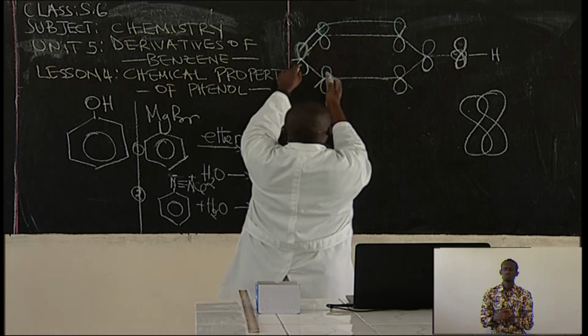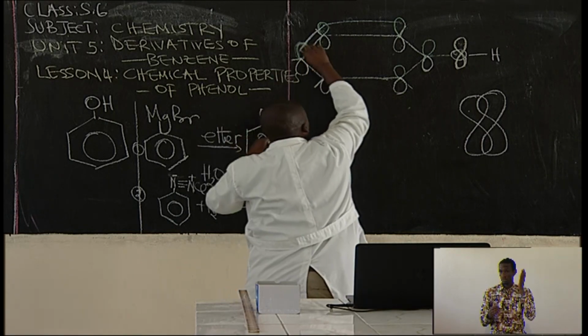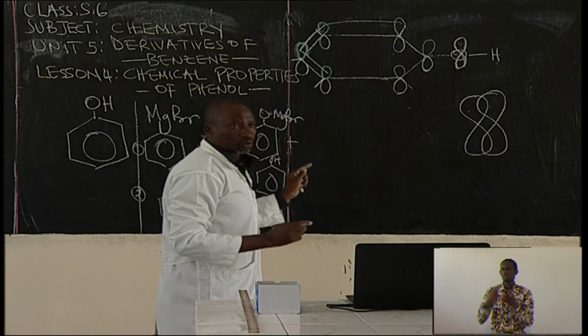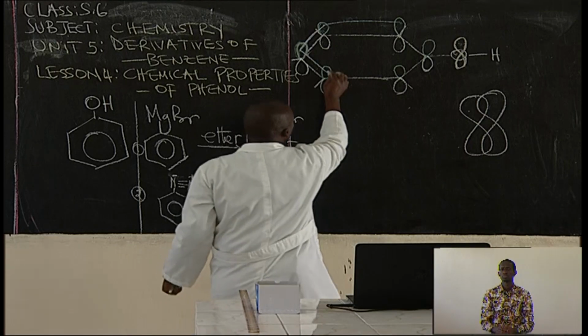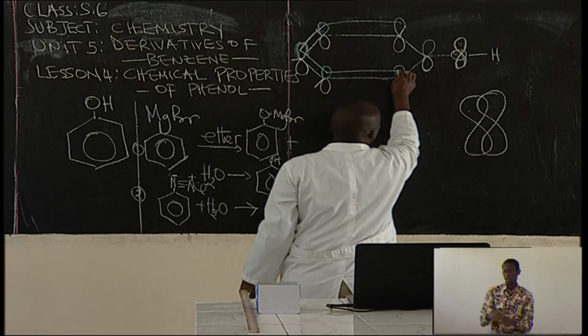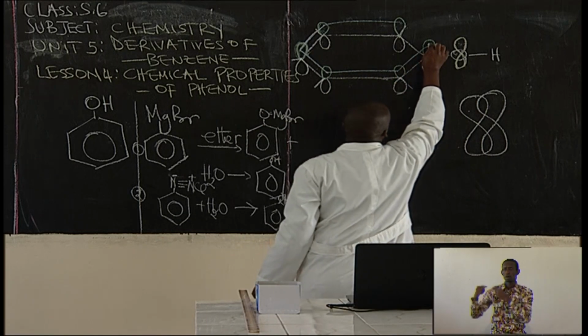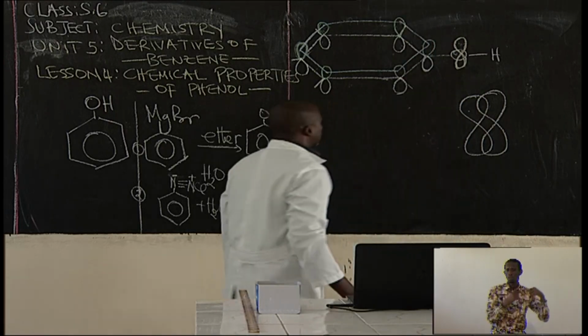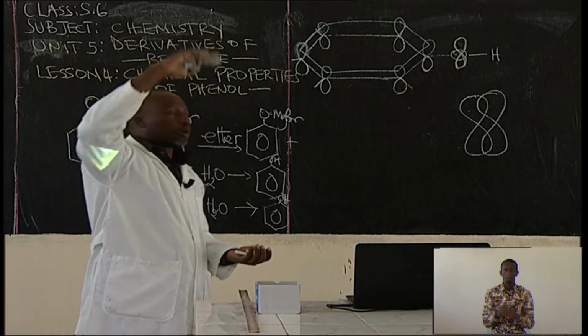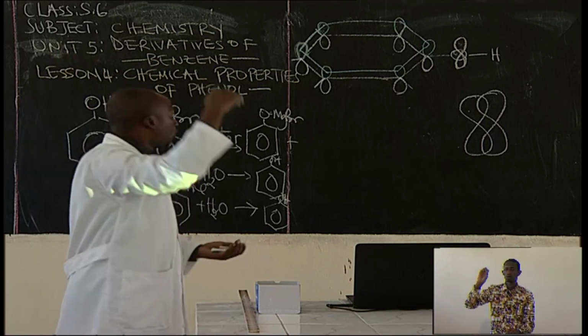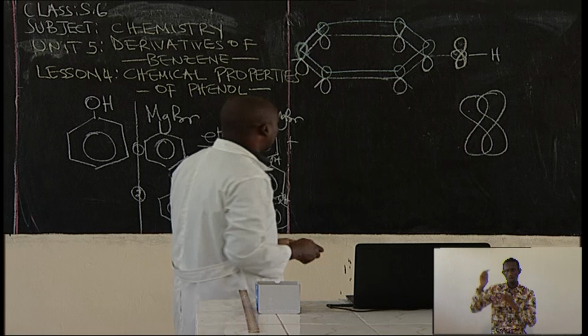This one and this one as well, you see what happens? They are also overlapping together because they are laterally placed. So this one will also overlap with that. It overlaps with this one, and then again. So it forms some kind of orbital on the top. It's just a lobe that is formed on the top of the carbon atoms.